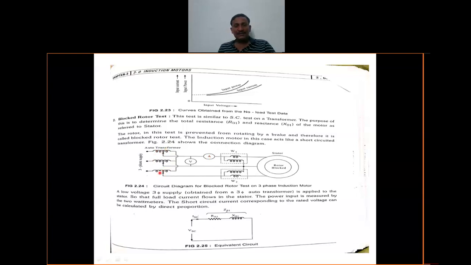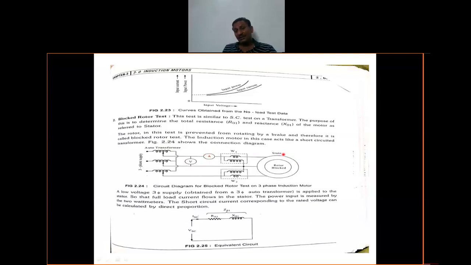There is a knob with a sliding contact. With the help of your hand, you can rotate that sliding contact. Slowly vary this auto transformer and observe the ammeter reading, up to rated current only, not rated voltage, because a small voltage is sufficient to produce rated current.